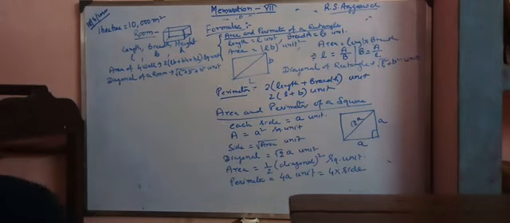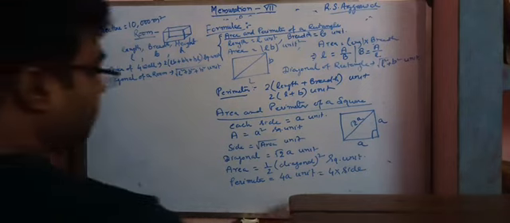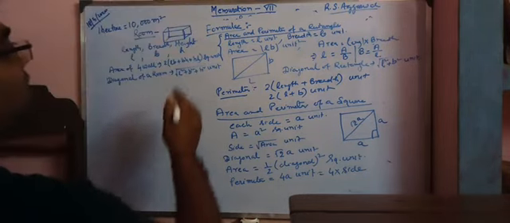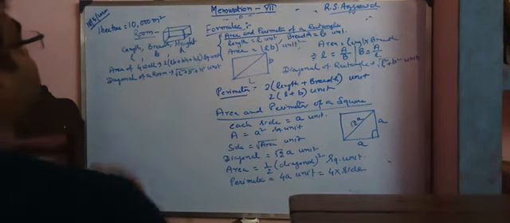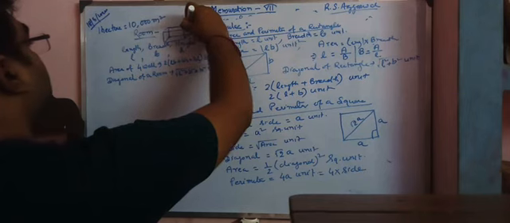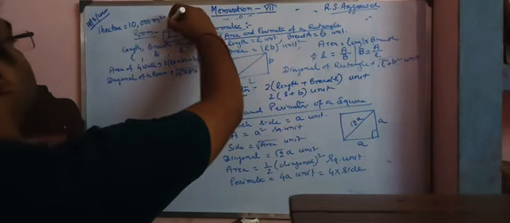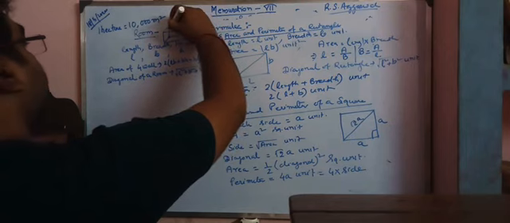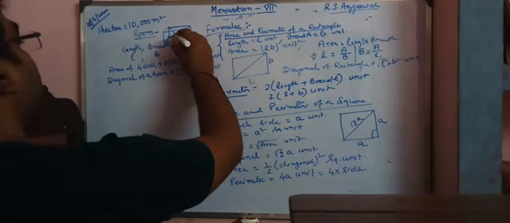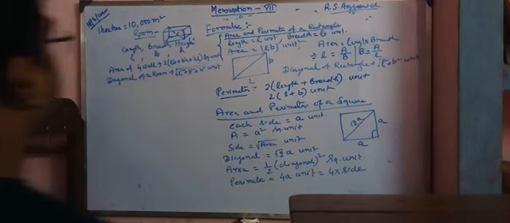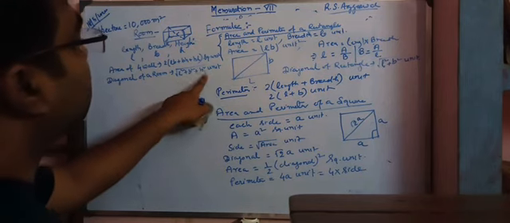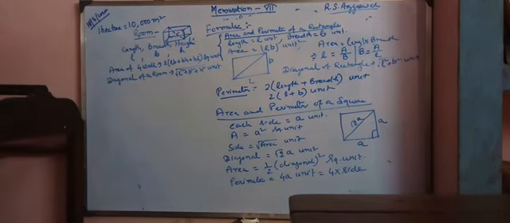Since this is a 3-dimensional figure which has a length, breadth and height, the diagonal joins two opposite vertices of different planes, from here to here. So the diagonal of the room is root of length square plus breadth square plus height square unit.